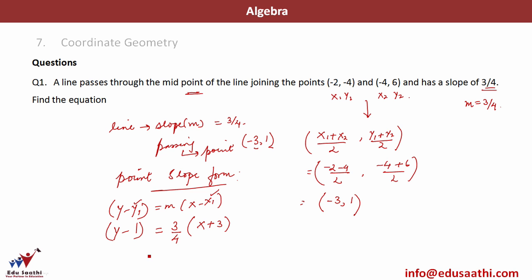I just have to rearrange the terms and I'll get my answer. So you can bring 4y on this side, and this will be 3x minus 4y plus 13 equals 0. This will be the equation of the line which is passing through the point (minus 3, 1) and which has the slope of 3 by 4.